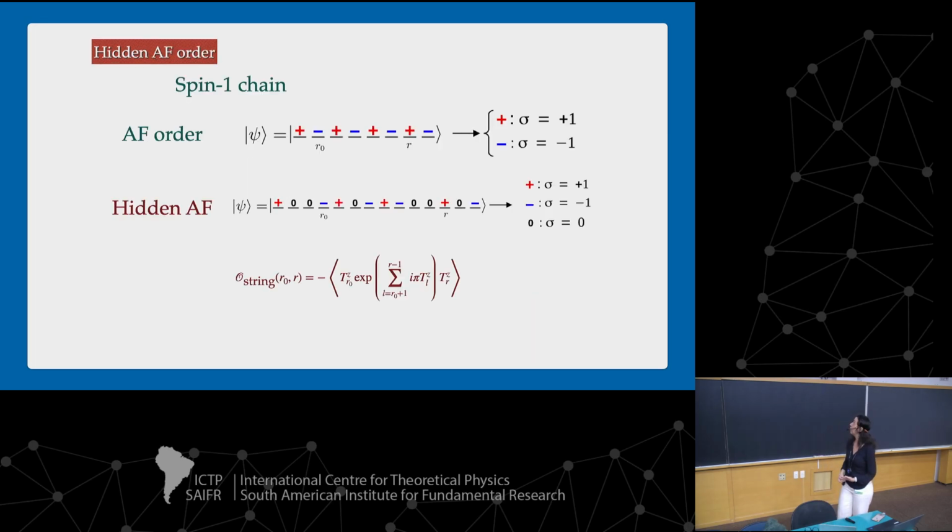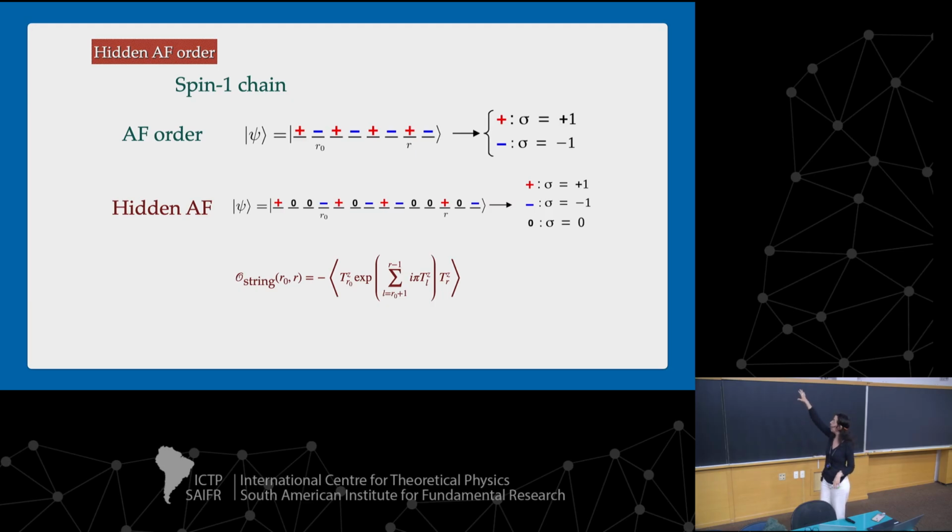We also probed hidden antiferromagnetic order, as we have in the rungs a spin 1 entity. It can be pointing up, pointing down, or 0. And this 0 messes up the antiferromagnetism. So if we look at the antiferromagnetic operator, it goes to 0 because you have the zeros, and it breaks the ordering.